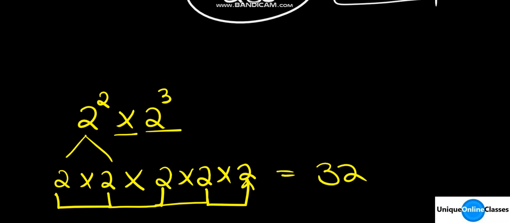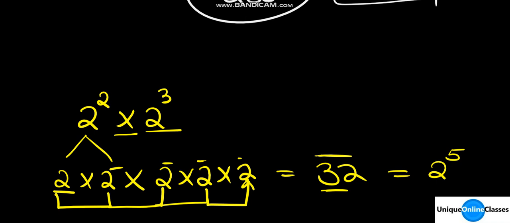So 32 we can express in terms of base 2. It can be 2 to the power 5. You can just count them: 1, 2, 3, 4, 5. So 2 power 5 is the same as 32.